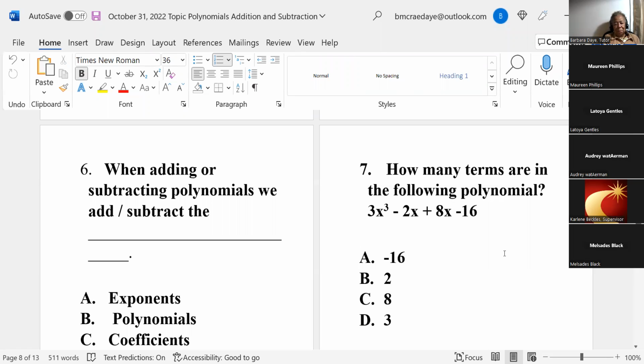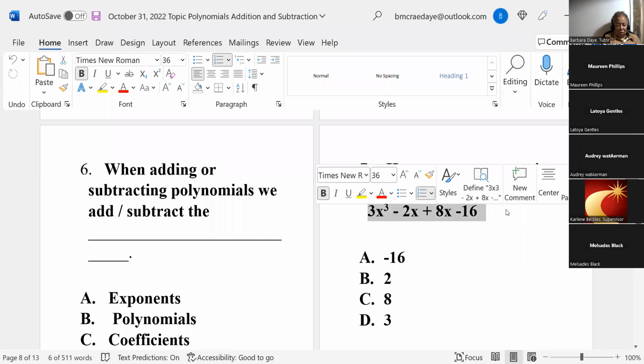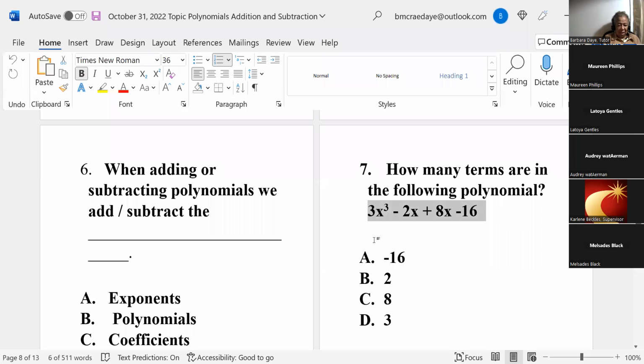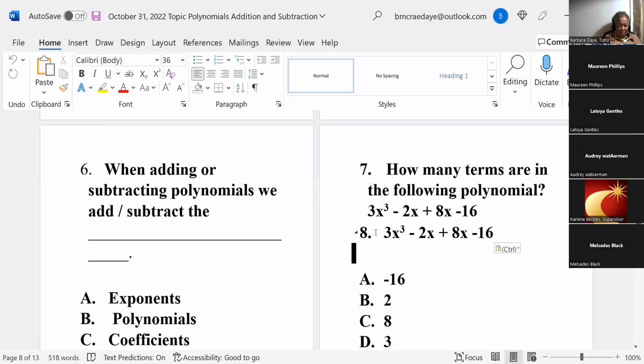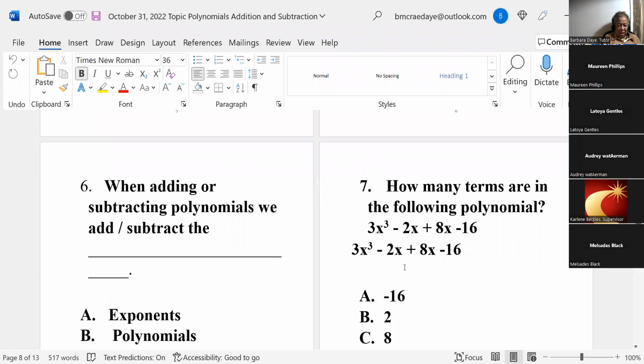I messed up, that's all. But you can combine the minus 2x and the plus 8x. What do you get, Maureen? A minus 2x and a plus 8x.